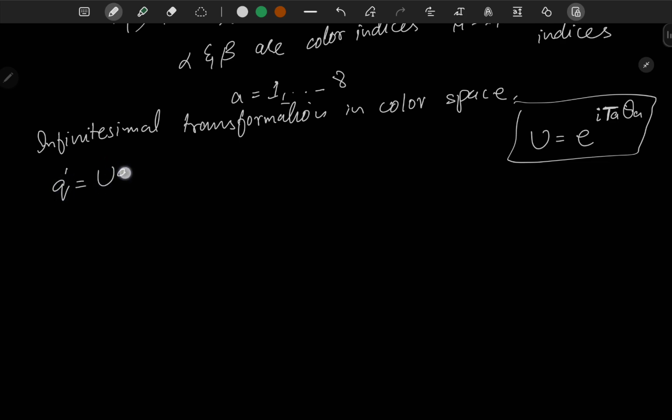This is our transformation rule, and we can write U like this: unity plus iota lambda A divided by 2 delta theta A plus some higher order terms.